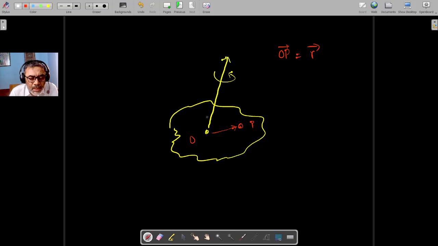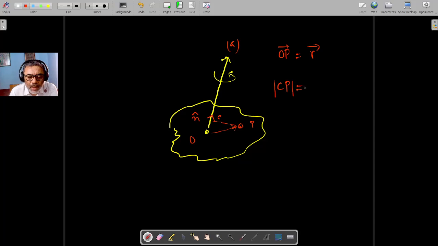And now let us take a unit vector along the axis. Let us call this axis A. So n is a unit vector along axis A. Now what is the distance between the point and the axis? Let us call this point C. Then what is CP?